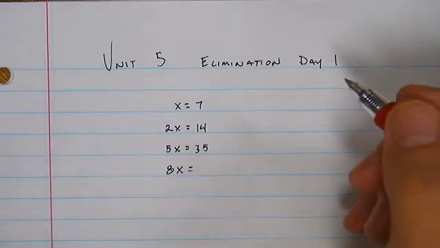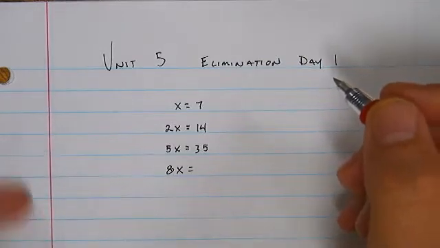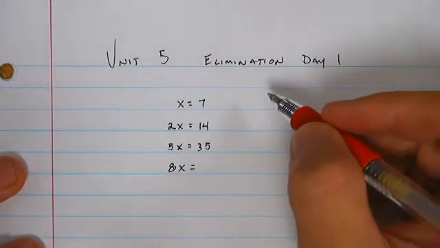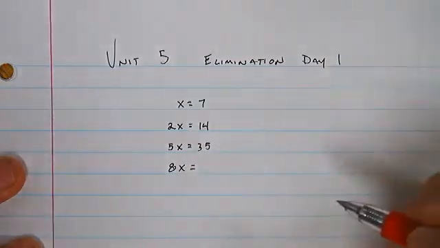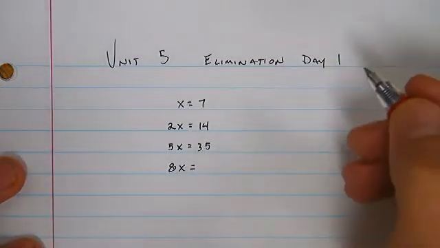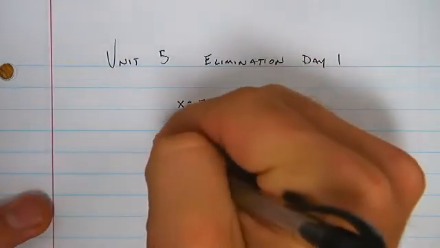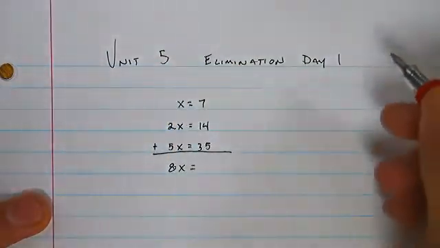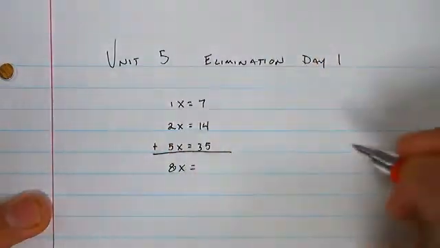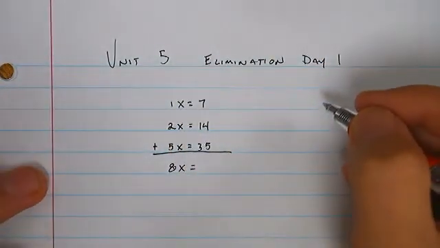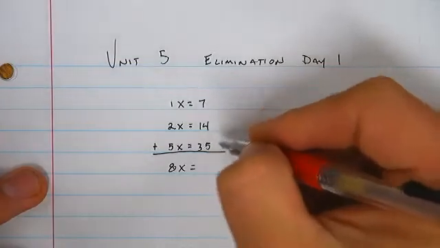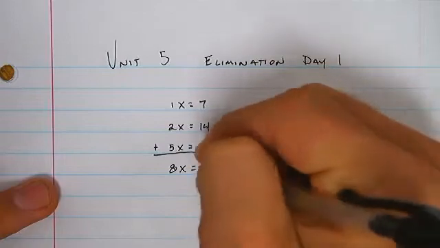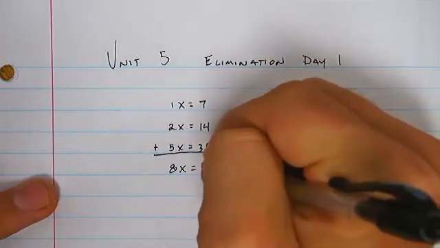Okay, and here's the fun part. This is where this is going to go for us. It's true we could take 7 and multiply by 8. But the other side of things would say, if I just add those, because 1 plus 2 plus 5 is 8, then 7 plus 14 plus 35 must be my answer, which is 56.